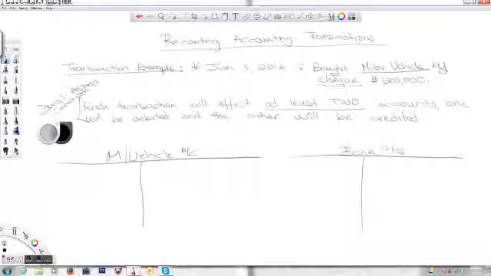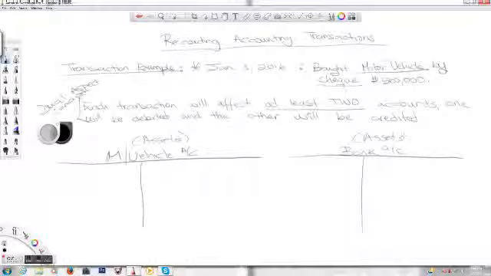The next thing we're going to do is to identify which category of accounts motor vehicle belongs to and which category bank belongs to. I already gave it away when I said that motor vehicle is a non-current asset, so we know that motor vehicle belongs to the assets class. Bank is a current asset, so it also belongs to the asset class.